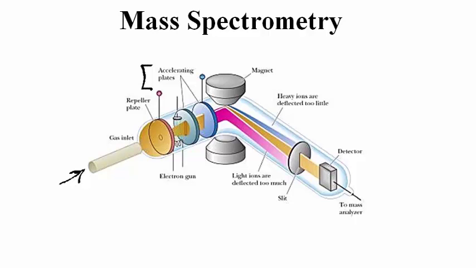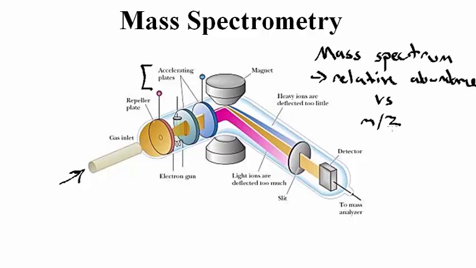These fields cause the ion beam to curve. The radius of curvature of each ion depends on the charge of the ion and its mass, as well as the accelerating voltage and strength of the field. The charged fragments of the molecules then pass into a detector and the mass analyzer, and a mass spectrum is generated, which is a plot of the relative ion abundance versus the m/z ratio.